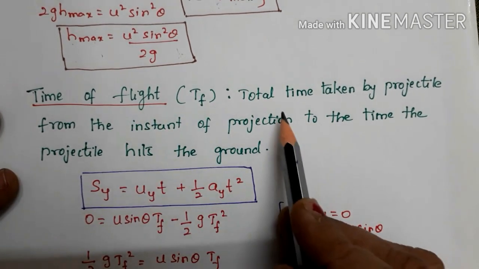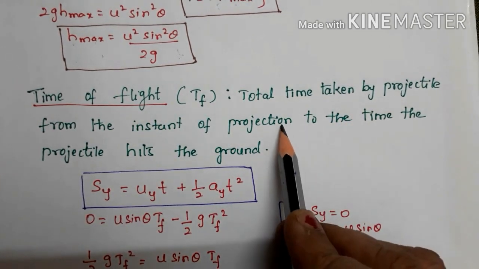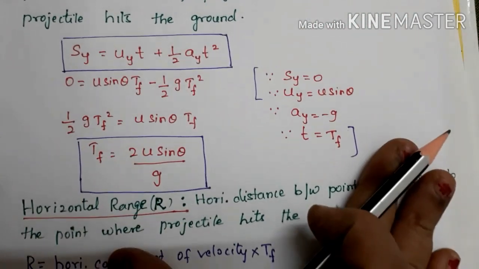Time of flight is the total time taken by the projectile from the instant of projection to the time the projectile hits the ground.